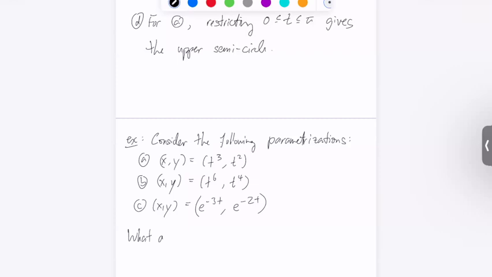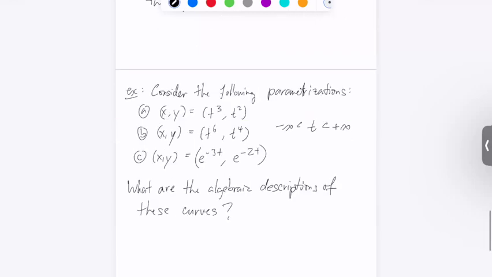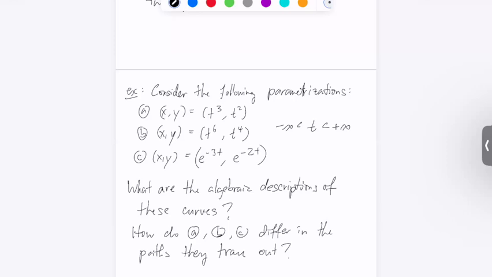What are the algebraic descriptions of these curves? For all of these, t goes from minus infinity to plus infinity. And how do A, B, and C differ in the paths they trace out? Let me give you a moment to ponder this.